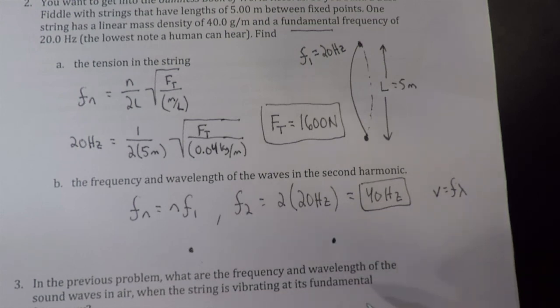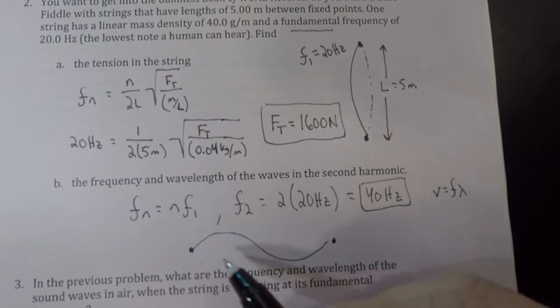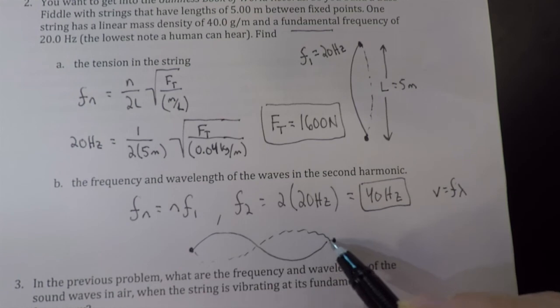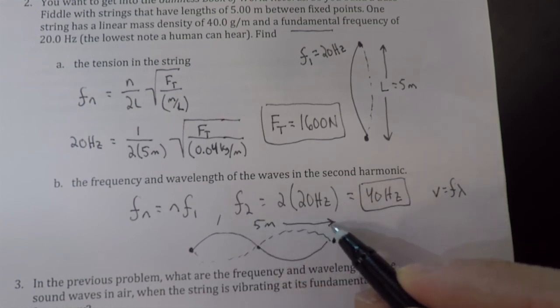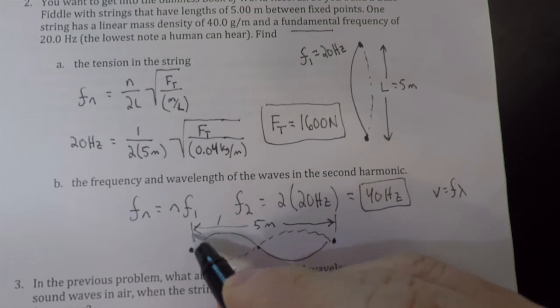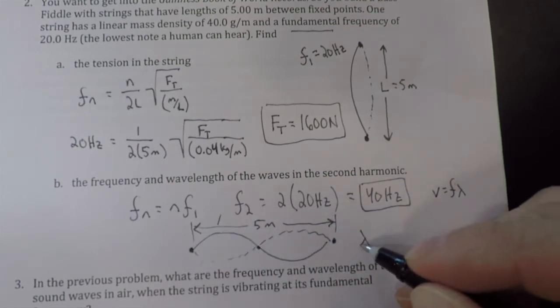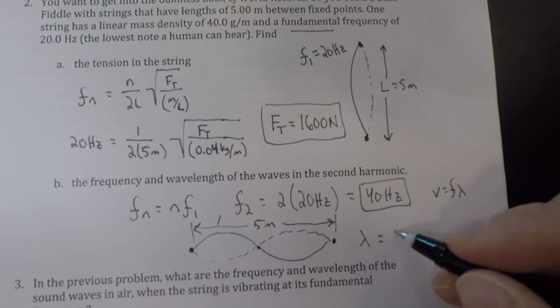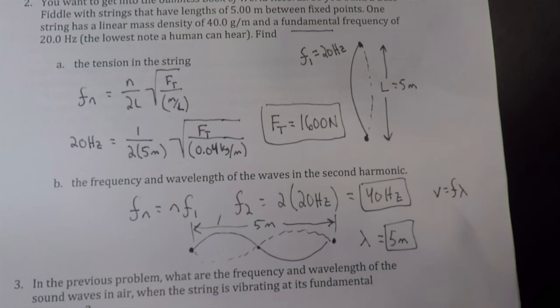My bass fiddle is 5 meters long, and my second harmonic looks something like this. It's the one that has the 2 lumps moving up and down, so this distance right here is 5 meters, from one end to the next. So that's an entire wave, a crest and a trough. So my wavelength is the whole length of the bass fiddle, 5 meters. Okay.